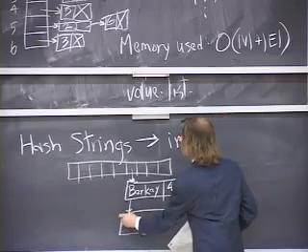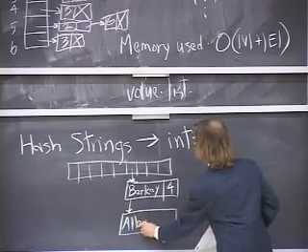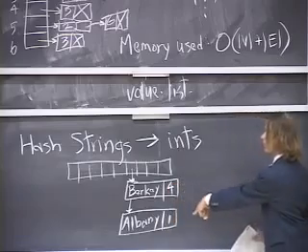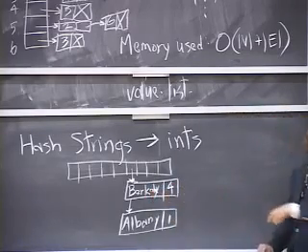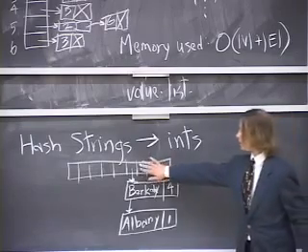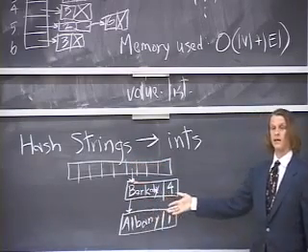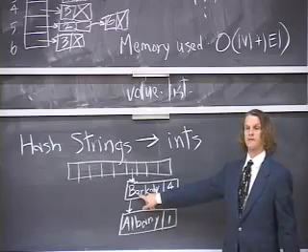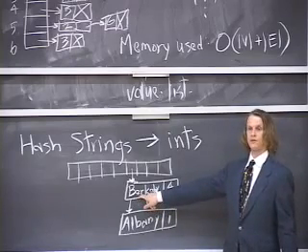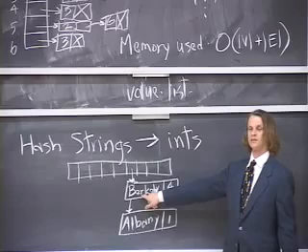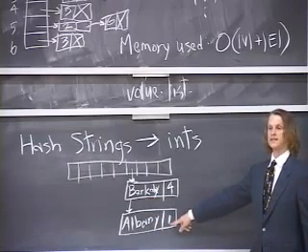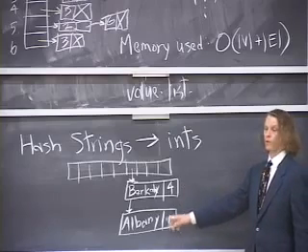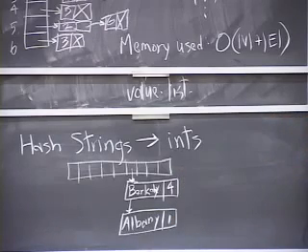And the way you resolve collisions is the same way you always resolve collisions, which is you actually store all the entries in a chain, and if you have a collision, you're still going to get the right answer because you're actually going to test the value. If you're looking up Albany, you're going to test, is Albany equal to this string? No, it's not. Is Albany equal to this string? Yes, it is. So that's number 1. And then you use the number 1 to look into the adjacency matrix. So is that clear? Okay.